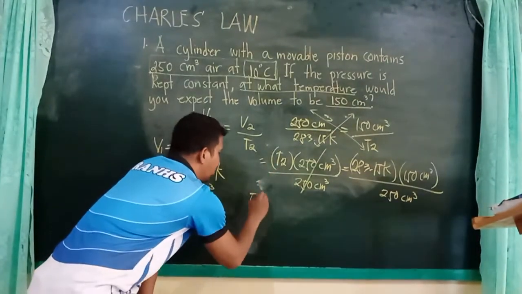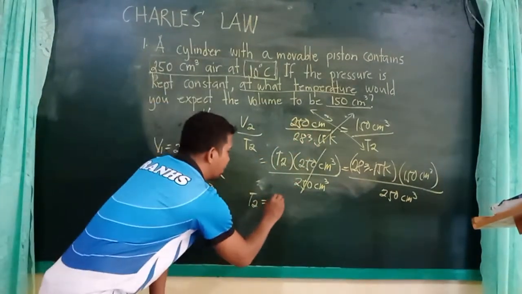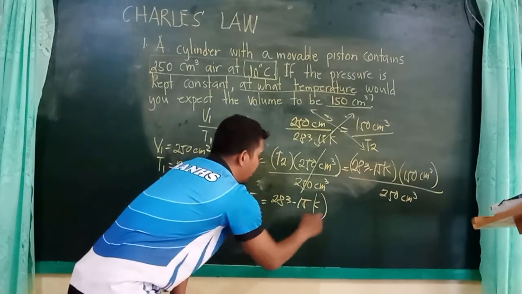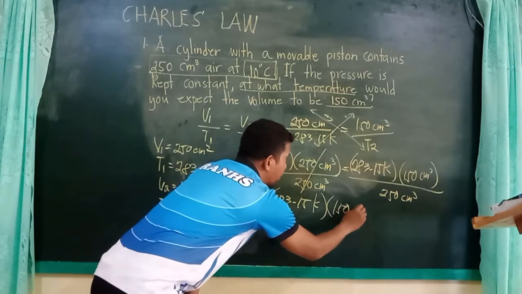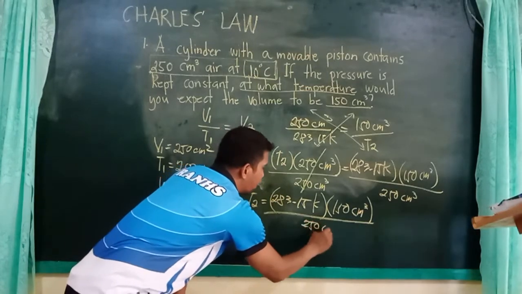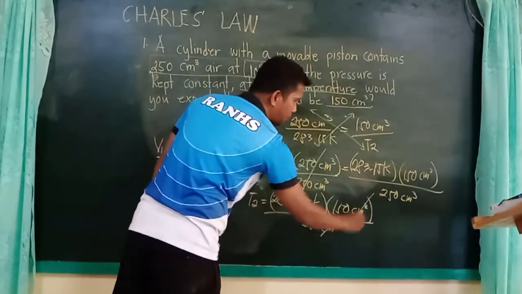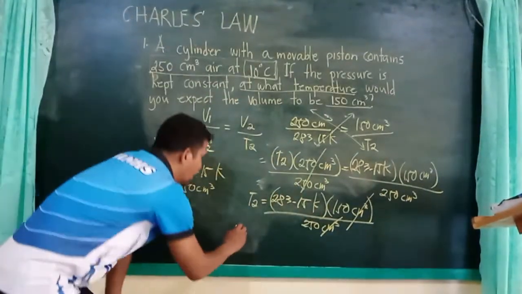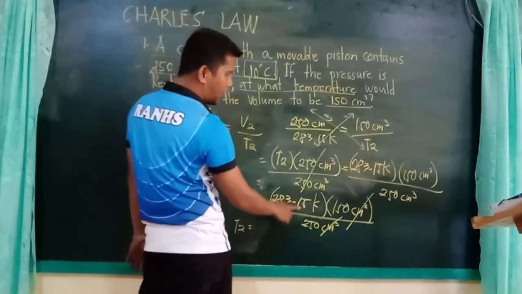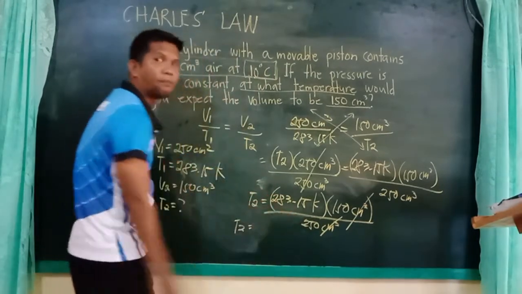Now what we have is T2 equals 283.15 Kelvin times 150 centimeter cube divided by 250 centimeter cube. We cancel the centimeter cube because that is just equal to 1. Now for T2, first multiply 283.15 times 150, and then divide by 250.